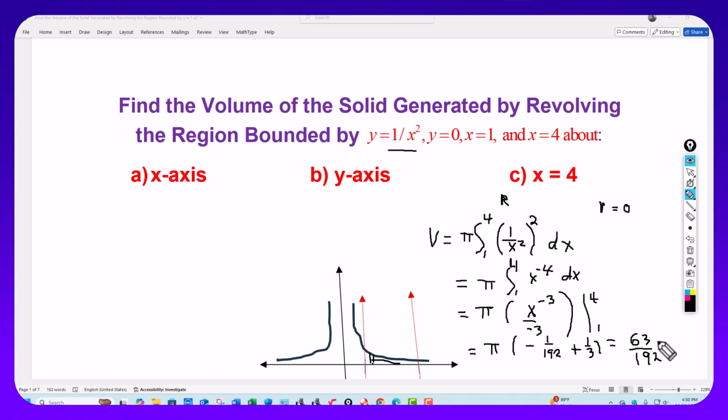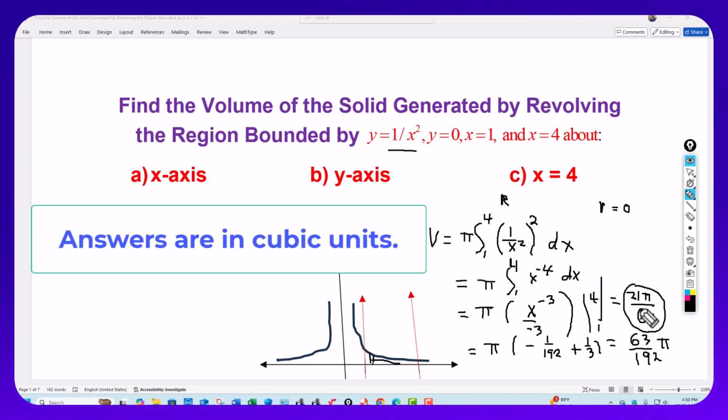And that's going to be times pi here. You bring it up here now, then just reduce it, divide by 3, so we get 21 pi over 64. And you can approximate this using your calculator to 2 or 3 decimal places. I'm going to leave it like this. So we got 21 pi over 64.